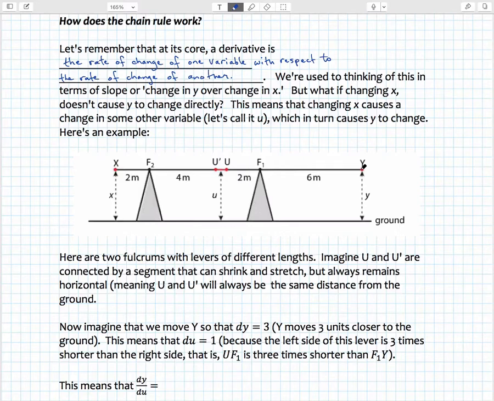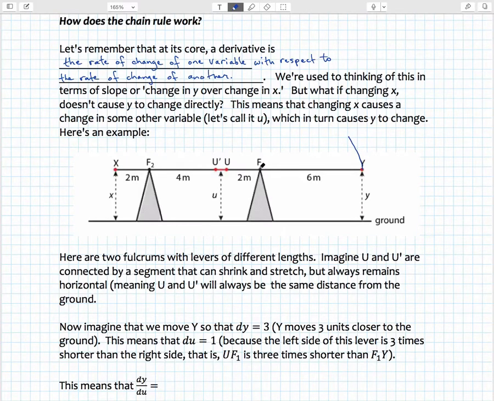So if we imagine these levers pivoting about a fulcrum, we know they're going to move in a circular fashion. So if we were to raise this lever, if we were to raise y, it would move like this.